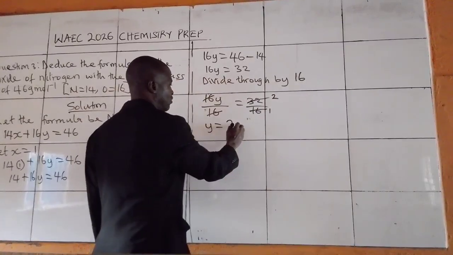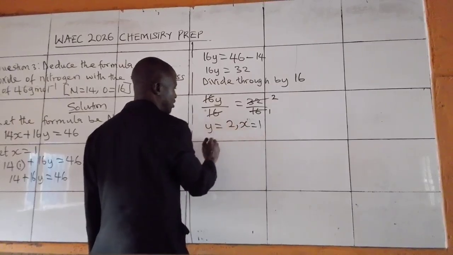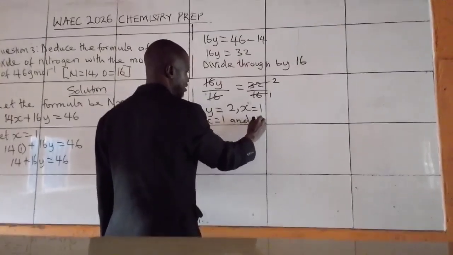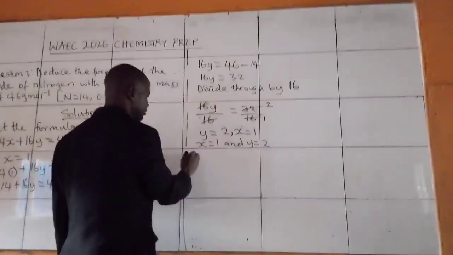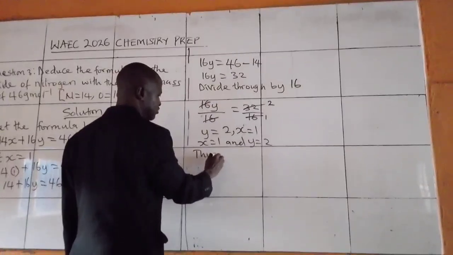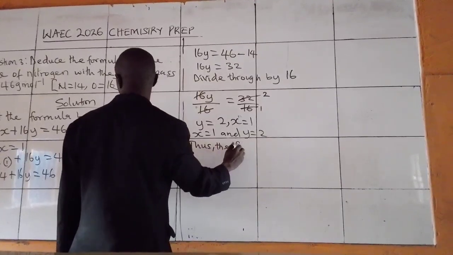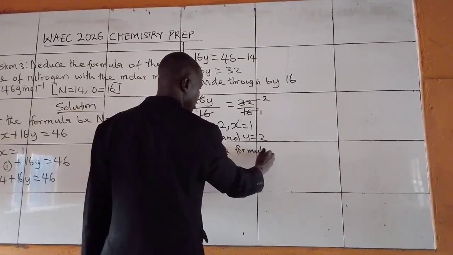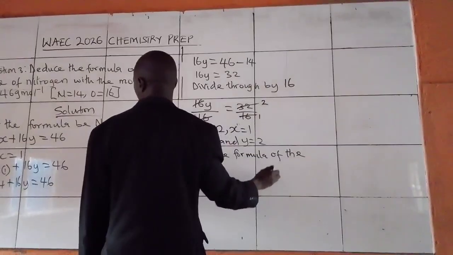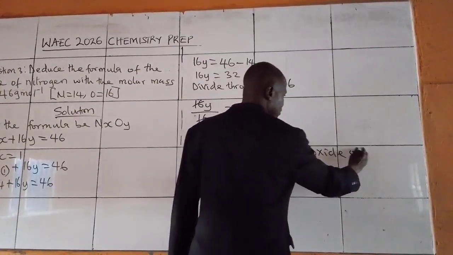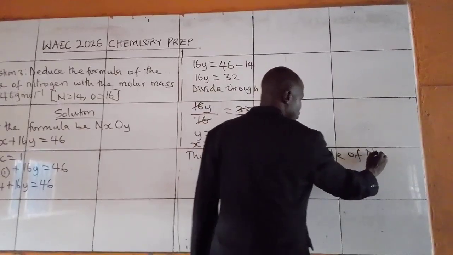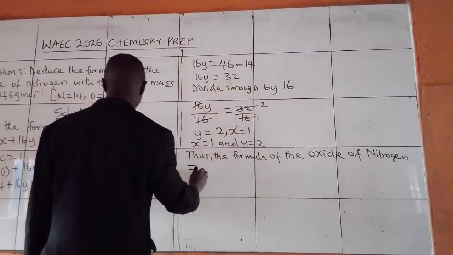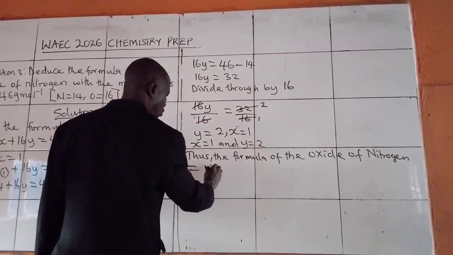Having known that x is equal to 1 and y is equal to 2, thus the formula of the oxide of nitrogen is NO2.